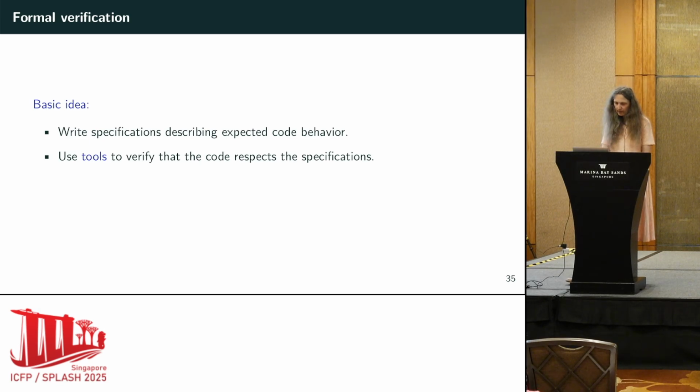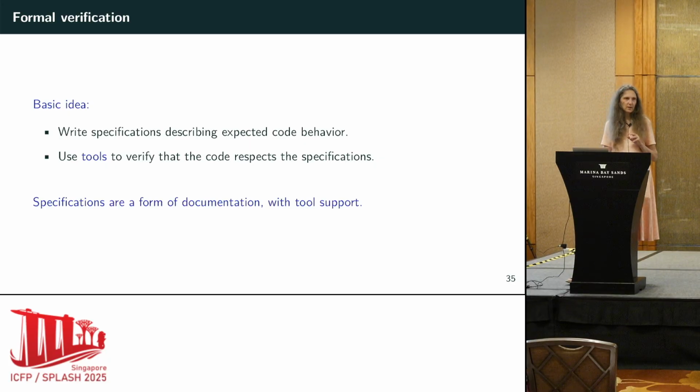So the basic idea is to write the specification describing what the code is supposed to do, and then use some kind of tool that will help us ensure that the specification describes what the code is actually doing. So we have some kind of documentation.